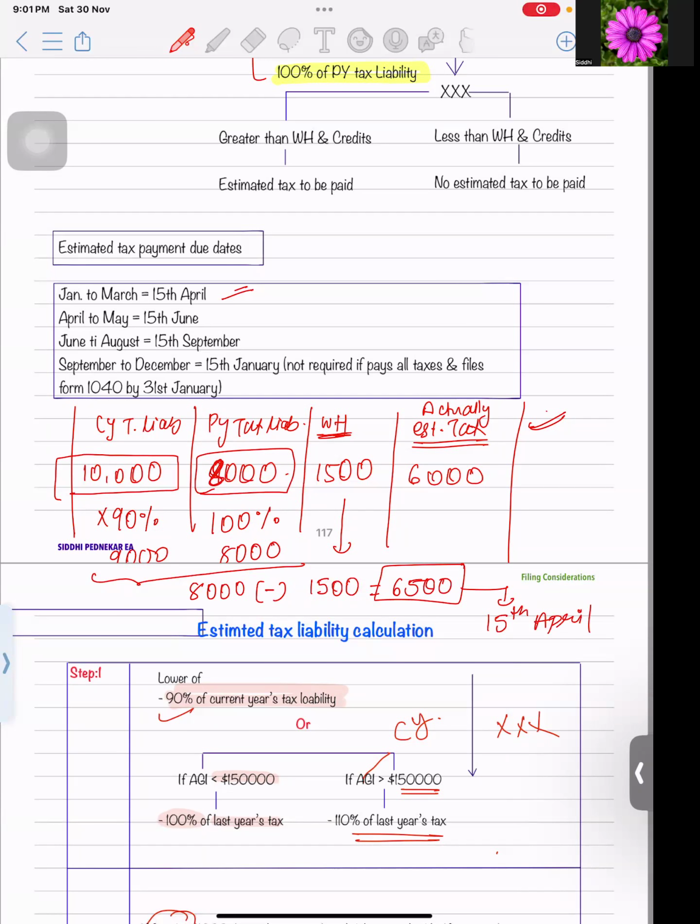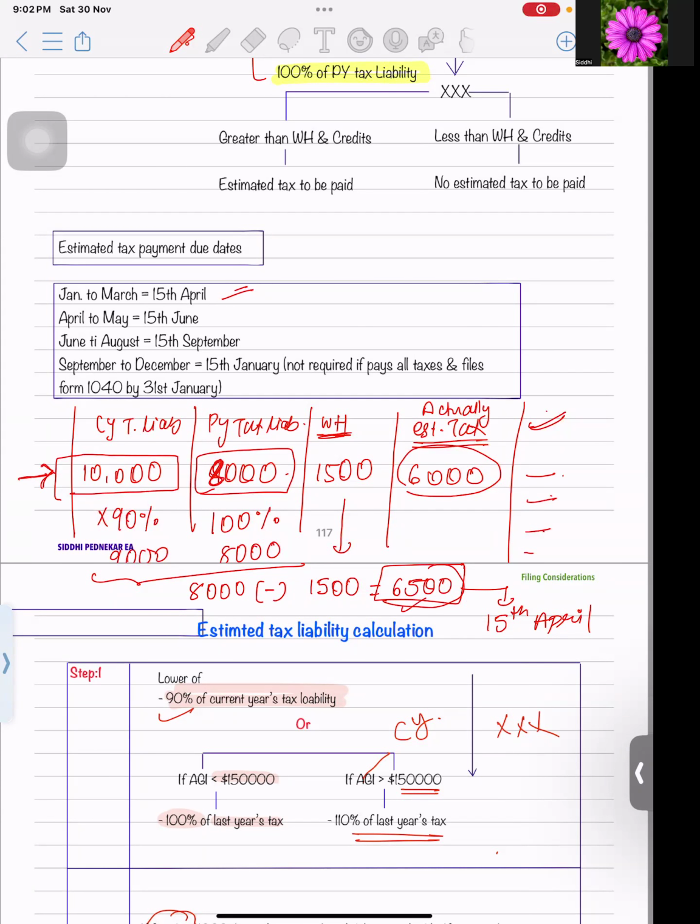Now, please remember that they will not give you only one scenario. They'll give you 3 or 4 case scenarios, right? So based on that, your MCQ answer will be based on whether the person has paid enough estimated taxes or not. So here the person has paid only 6,000 till now.